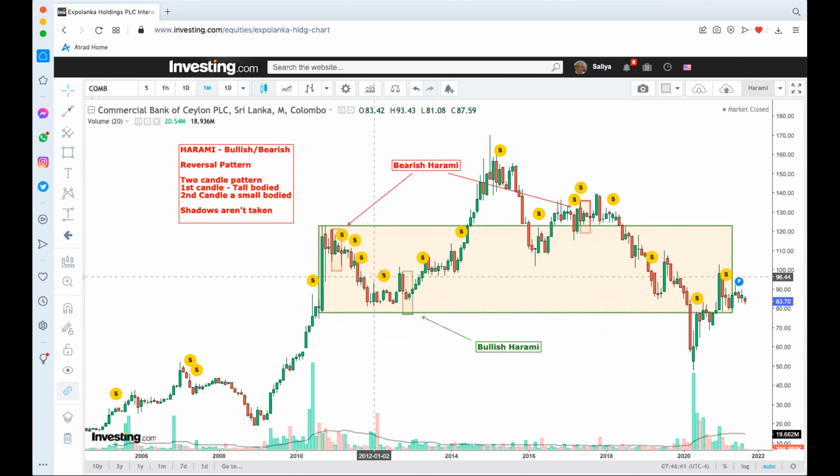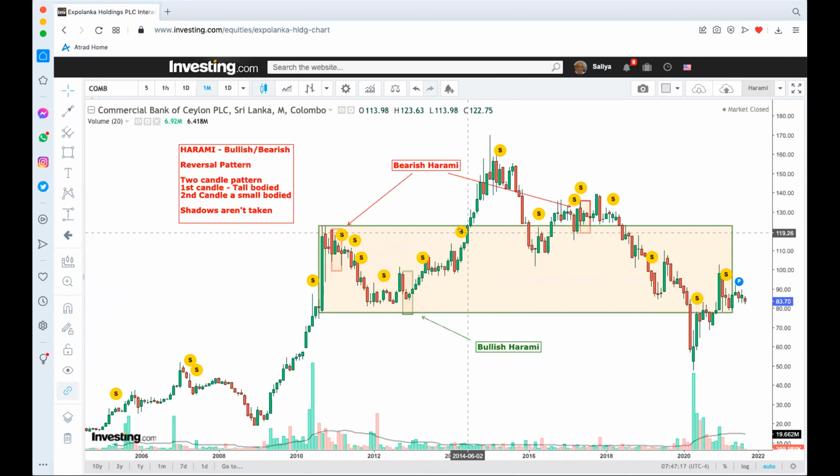You can see the consolidation up to this level took place, where the accumulation was better off than the distribution. That's why the prices started going up. The demand, the buying power, or the buyers kept on paying premiums to the sellers, thereby breaking out at this point the high that was registered here, and from there it started extending.